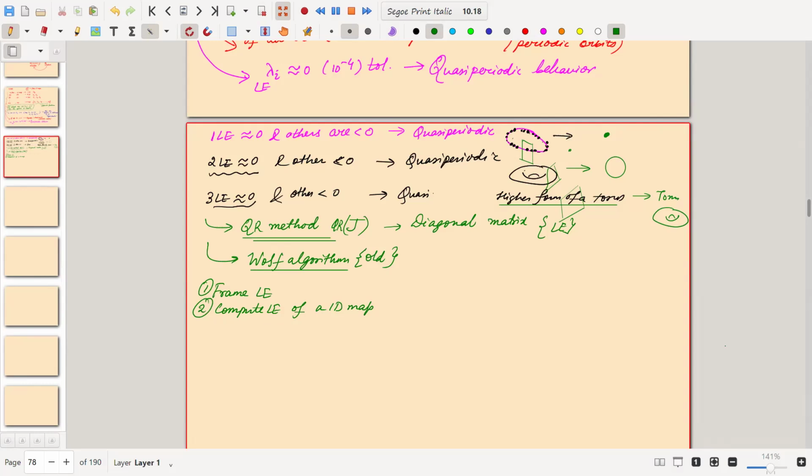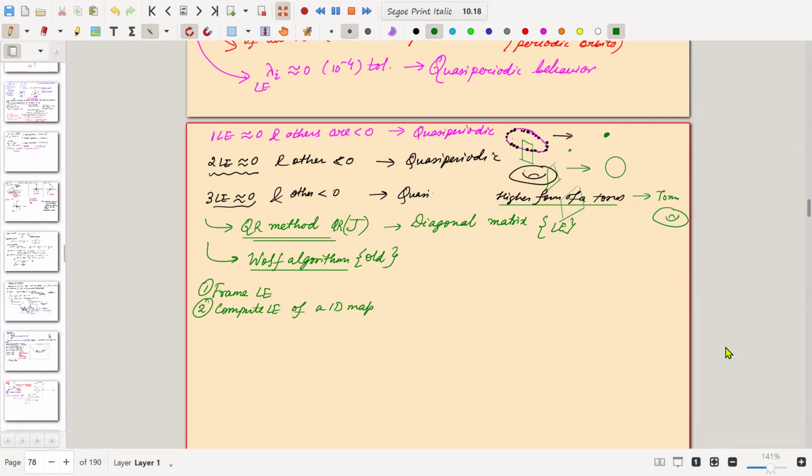But since you compute for a longer time series, your computation time also increases. So Lyapunov exponent computation is computationally hard, and usually we use cluster computing or parallel computing to achieve this. Maybe if I have, I can share.